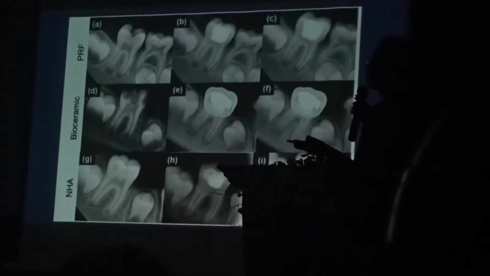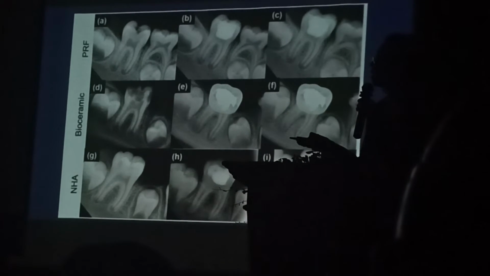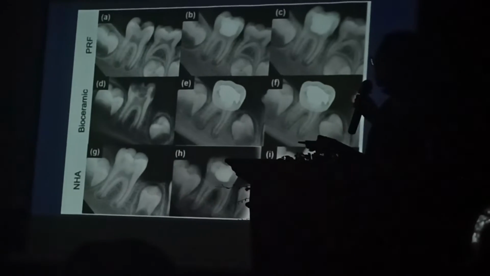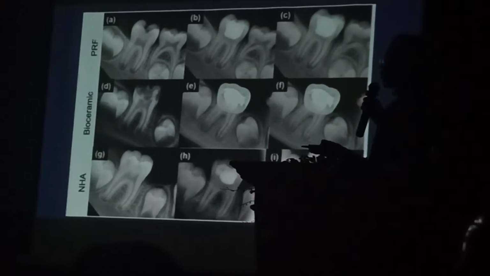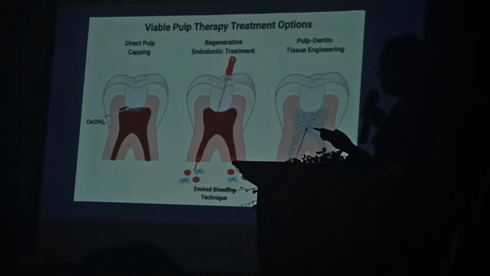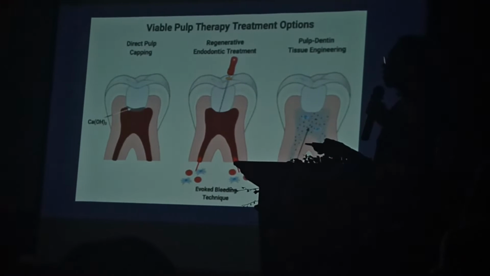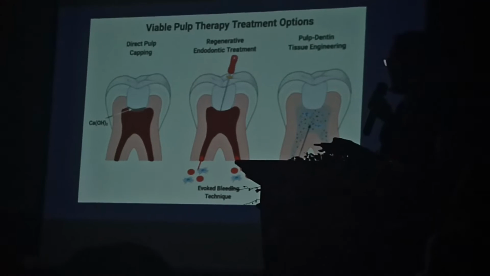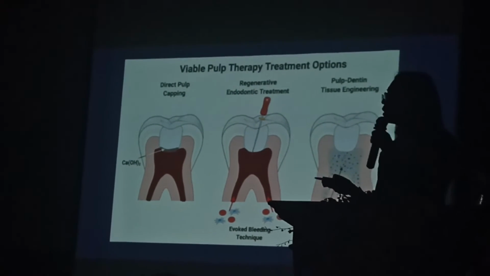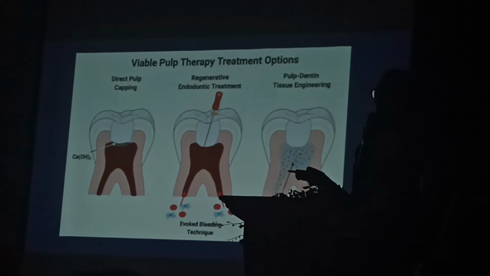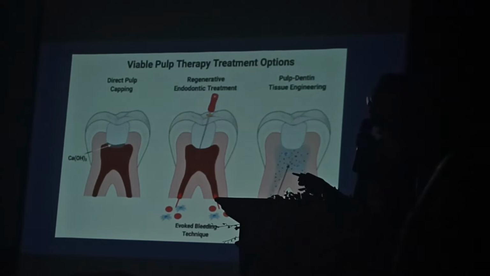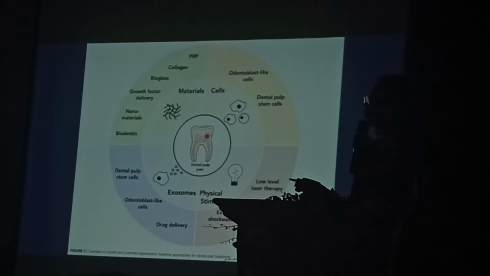this is the top row. You can see obliteration compared to the biothermic and hydroxyapatite. And like we mentioned earlier, okay, hopefully we will be able to use biological scaffold with cells, or without cells, or with the growth factors that will help with the repair or regeneration of the pulp.